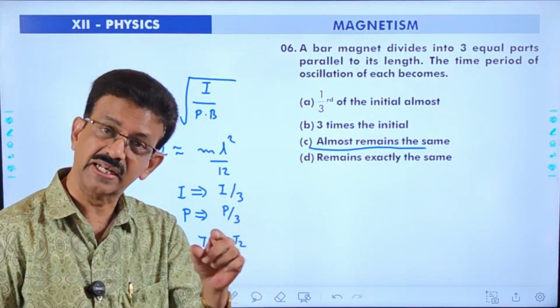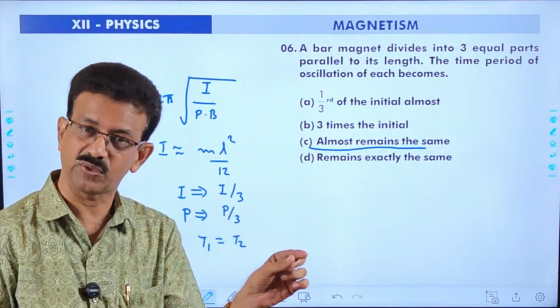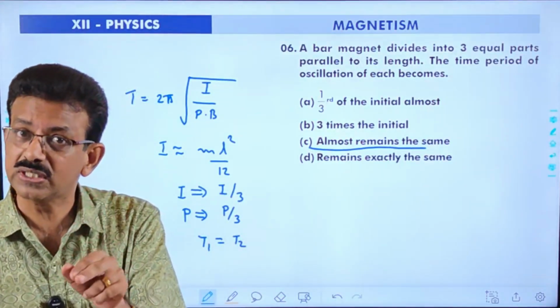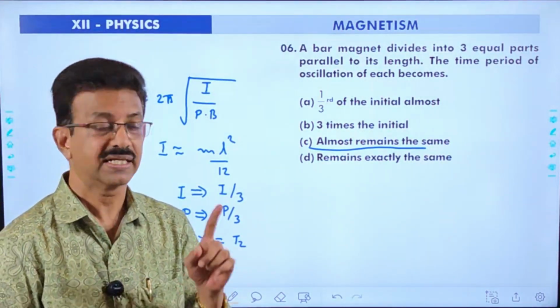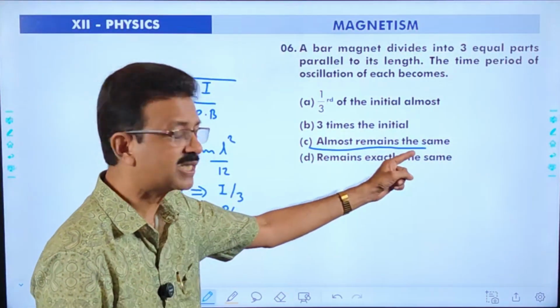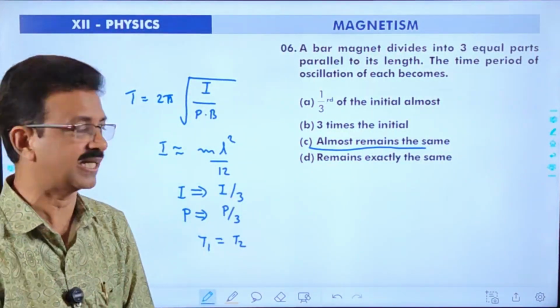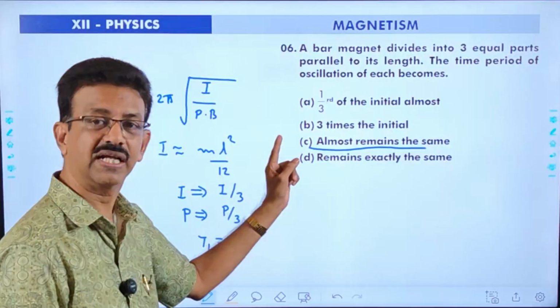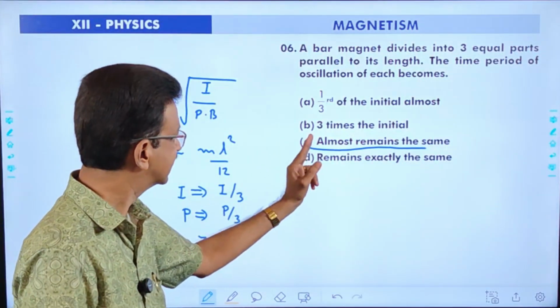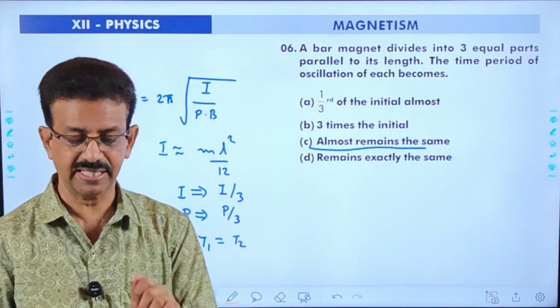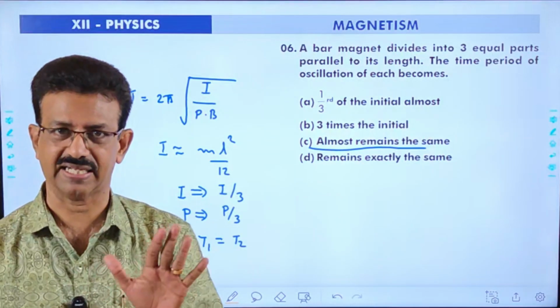But for a bar magnet, breadth is negligible compared to the length, and hence it is approximated as ml square by 12. That's why almost remains the same. In the given choice, it is written as almost remains the same. Therefore, the correct choice is C, almost remains the same. C choice is the correct answer.